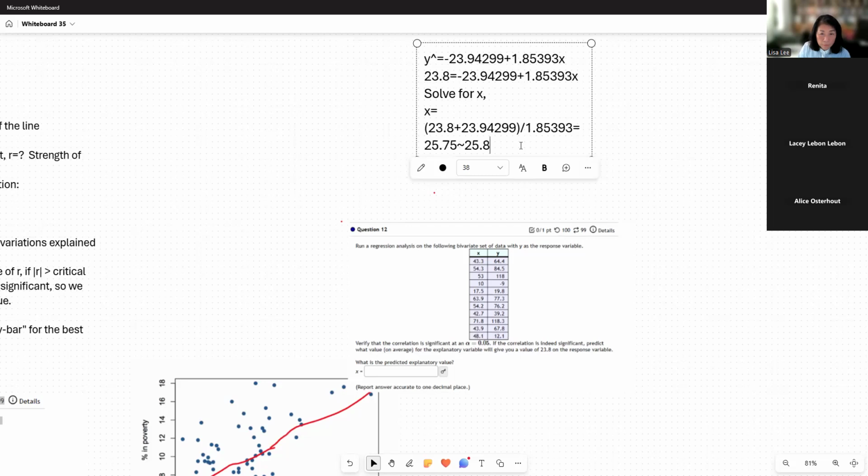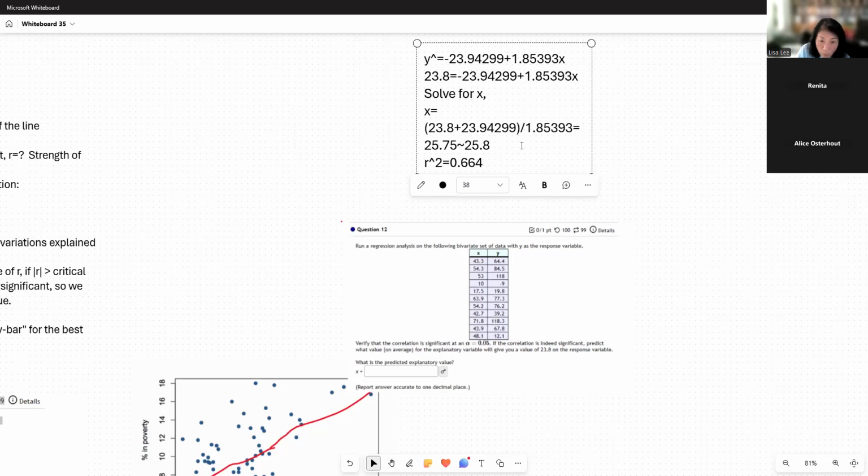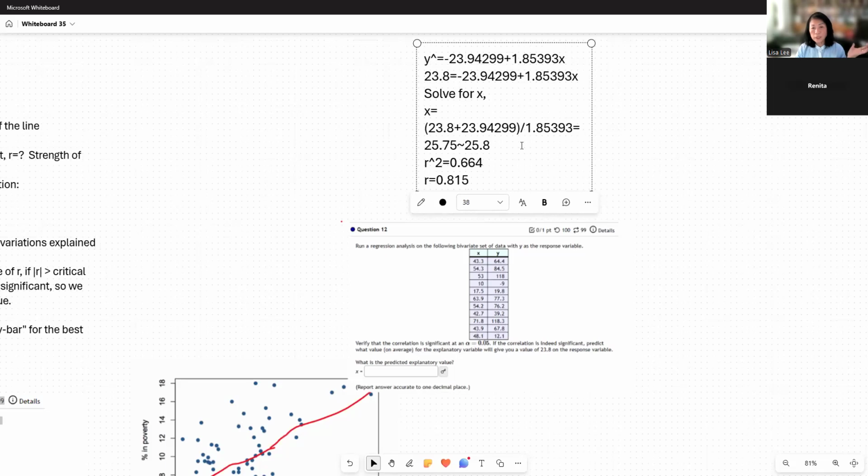Not only the equation of the regression line, the calculator also gives you R squared equal to 0.664. We usually pick 3 decimals. Then R, rounded to 3 decimals, equals 0.815. This is usually the question when I ask what the linear correlation is.